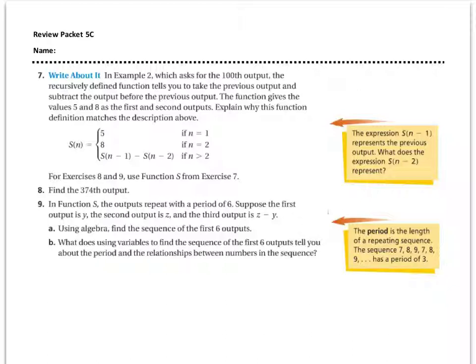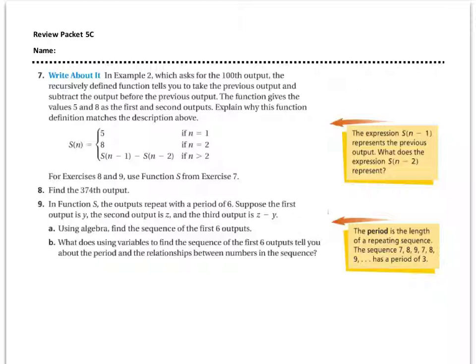Okay, so why does this function definition match that, right? The expression s of n minus 1 represents the previous output. What does the expression s of n minus 2 represent? So if this is 1 before, then this is what? You got 2 here, so it's 2 before, right?